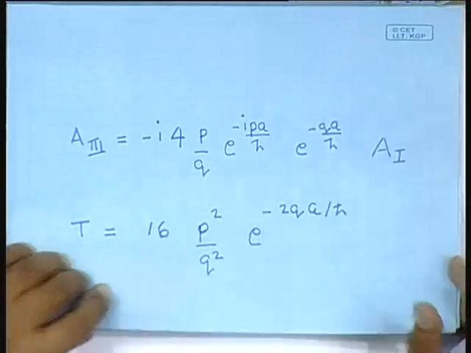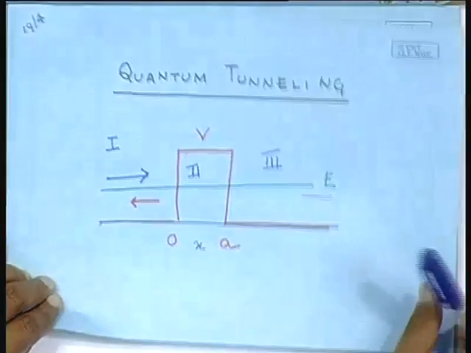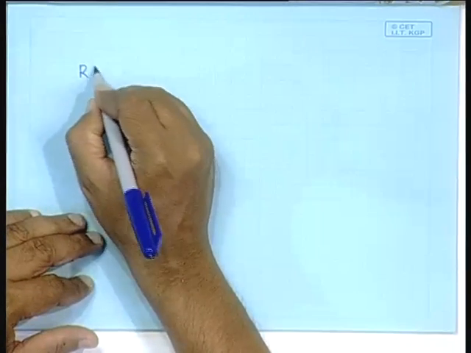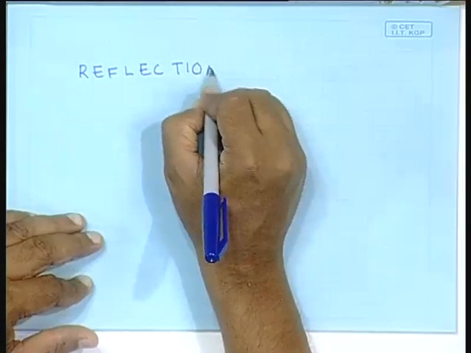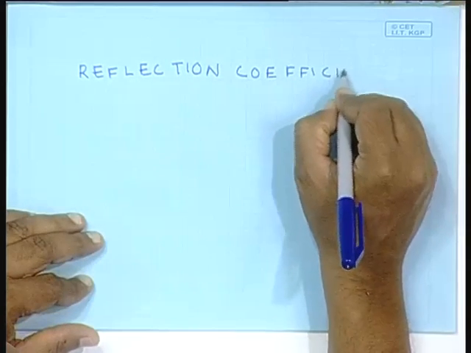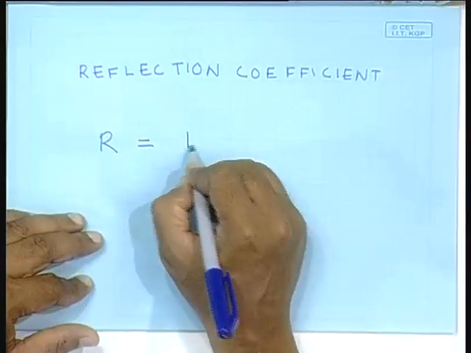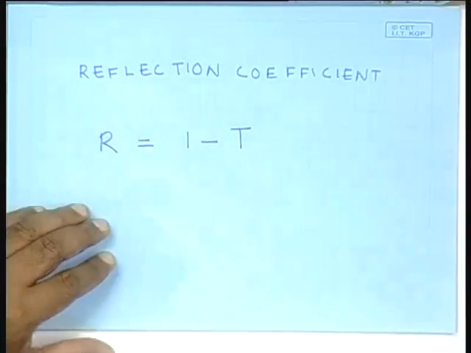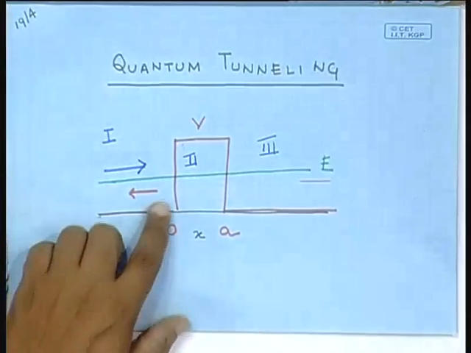You can also ask the question, what is the probability that the incident particle is reflected back, and this is given by the reflection coefficient R, which is 1 minus T. The total probability of the particle getting reflected and the particle tunneling through has to be 1, because these are the only two options open.